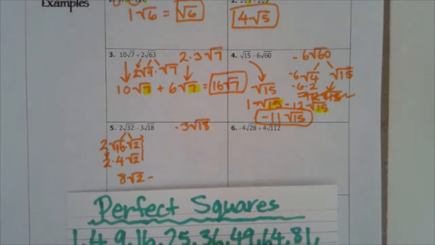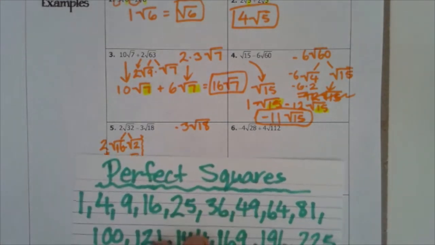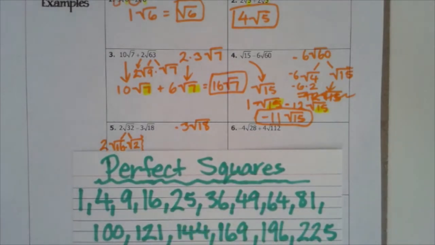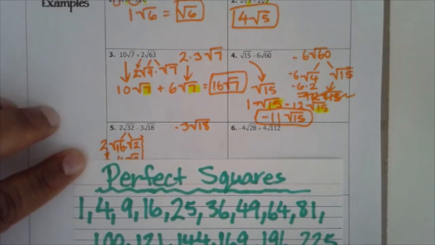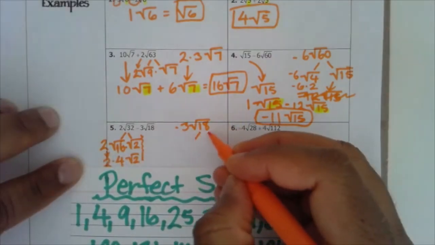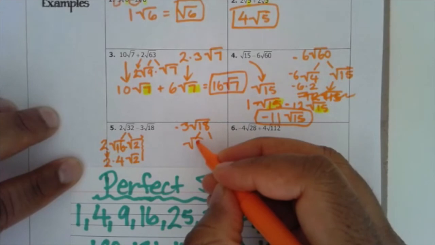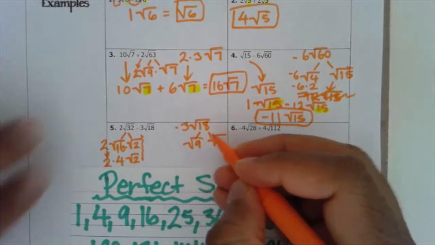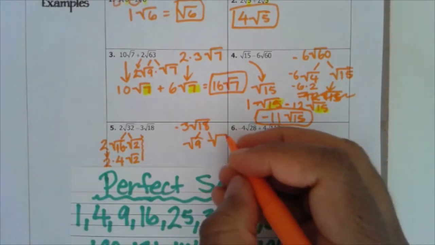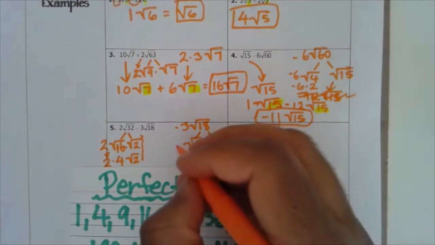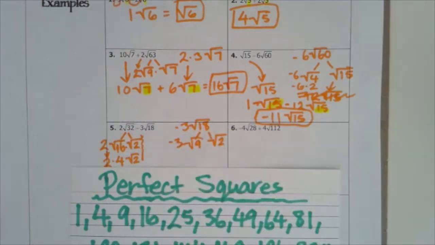So once again, with my little square card, I want to find my biggest perfect square that can go into 18. And that lucky number just happens to be 9. And so once I've done that, I'm just going to break it apart like we've been doing here. So I'll have a 9 here. And then 18 divided by 9 is just 2. And then I can bring down my negative 3.